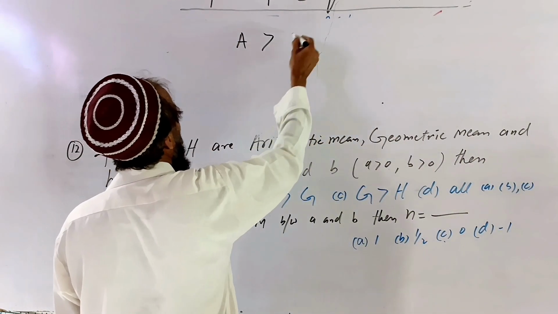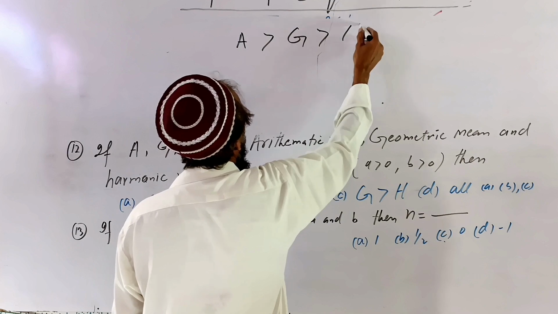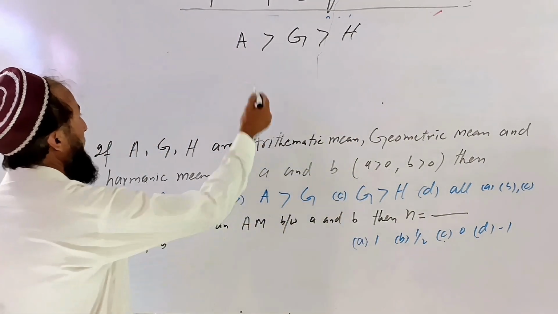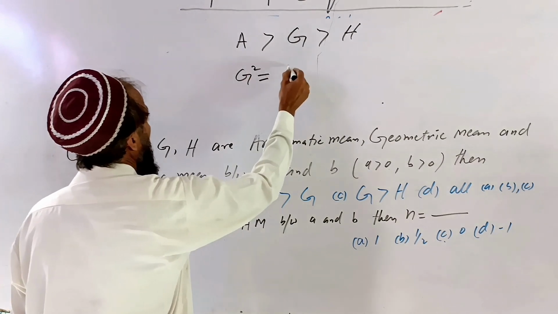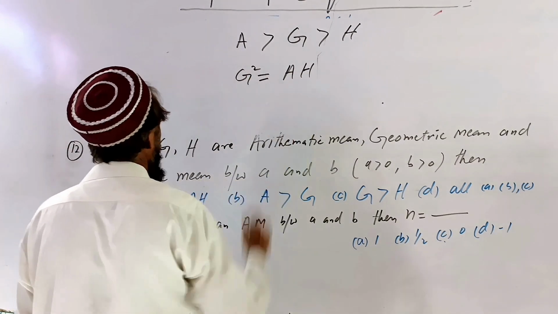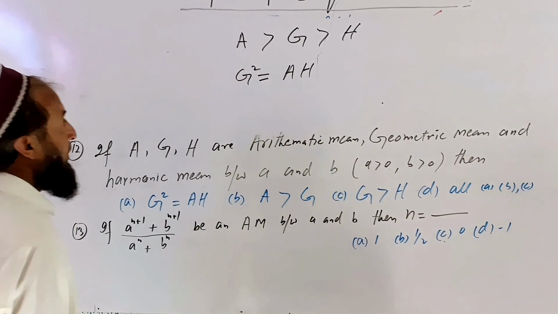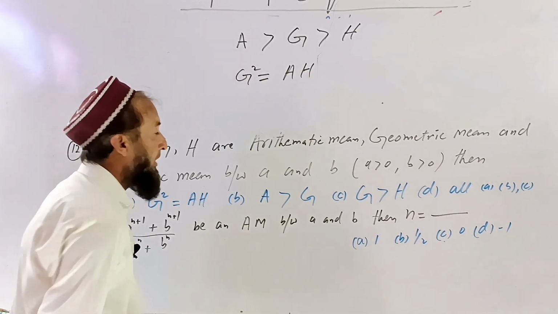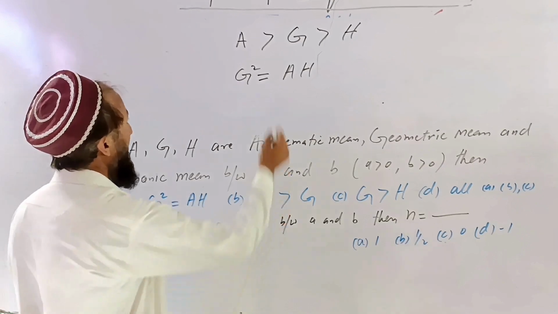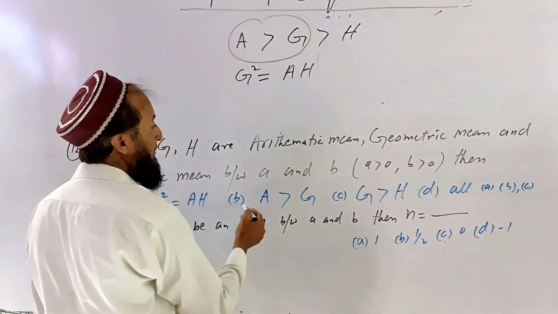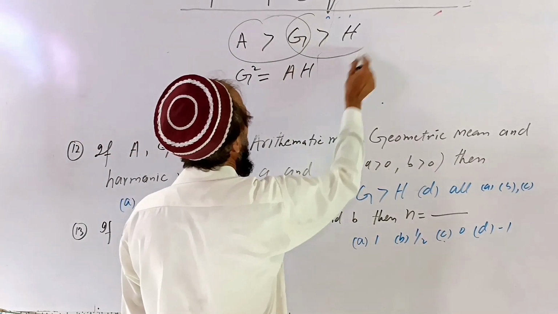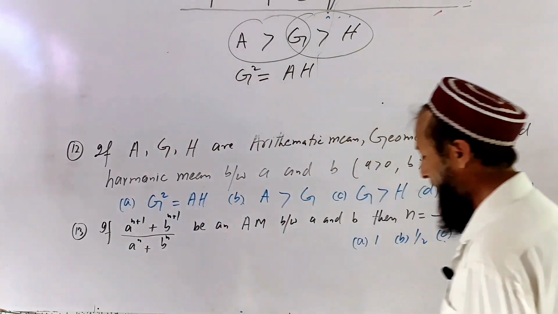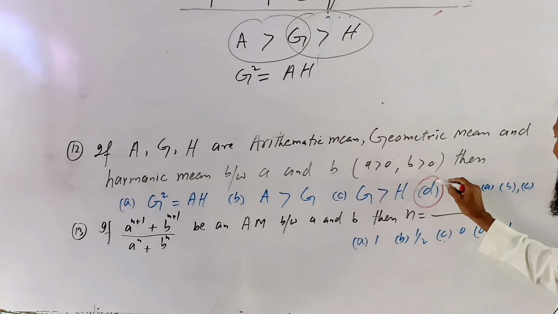Arithmetic mean is greater than geometric mean is greater than harmonic mean. This is one of the formulas. If we apply geometric mean taking square roots, we will get this answer. This option is also available in B and in C, so it means that option D is the correct option.